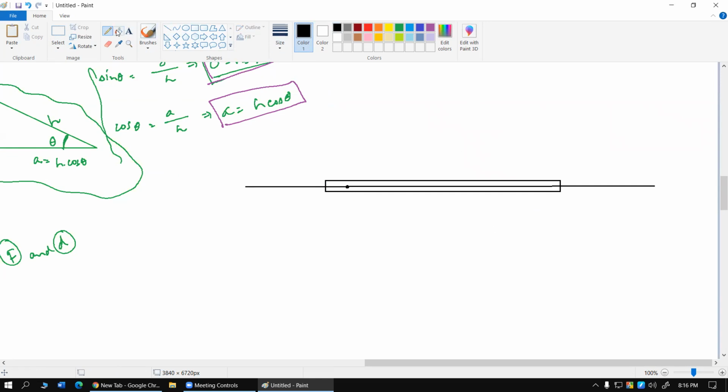And let's say the force is working in this direction of this much length that is given to us. This is our F line. And the angle that is given to us is theta. And the distance of the pivot point and the force action point is given as t.